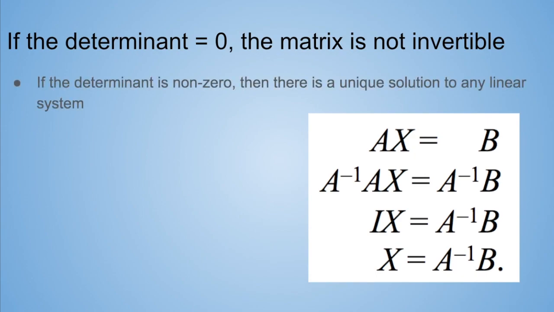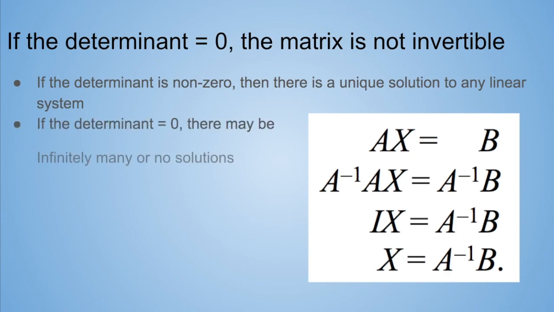So if the determinant is non-zero, a unique solution exists to the linear system. A inverse times B can only take one value, because if an inverse exists, it must be unique. If the determinant is zero, there may be infinitely many or no solutions depending on the type of problem at hand. You would then need to solve your linear system using row reduction, or Gauss-Jordan.